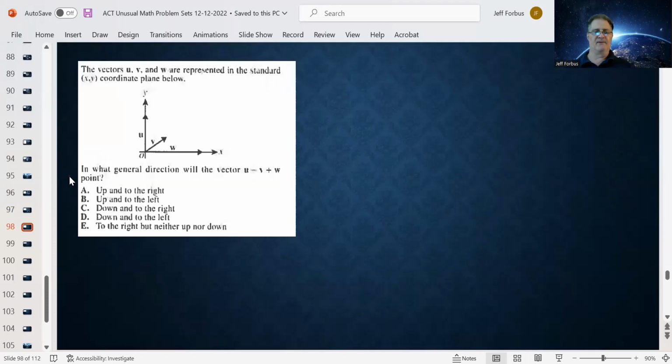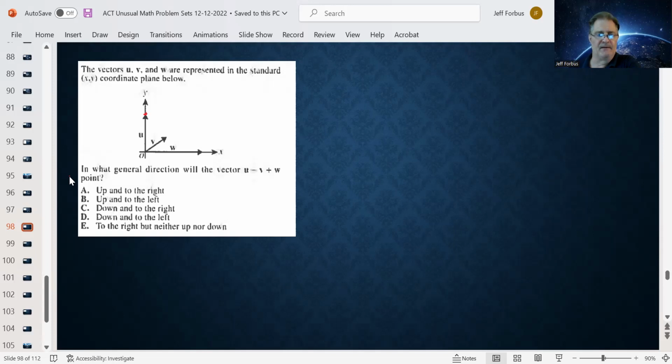Now it says the vectors u, v, and w are represented in the standard coordinate plane. In what general direction will the vector u minus v plus w point? All right, so I'm going to draw on the picture. So our u vector is right here. So we're going to say u minus v.